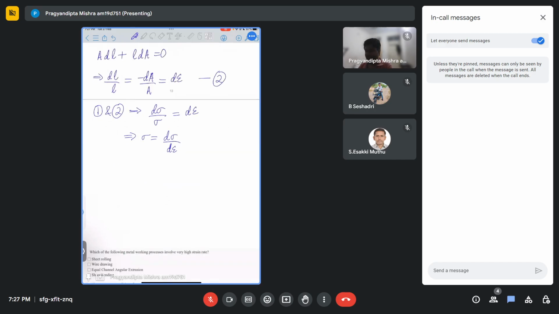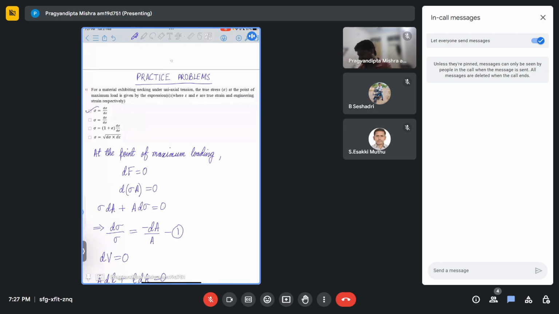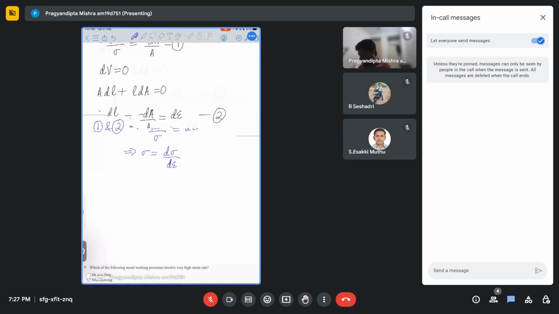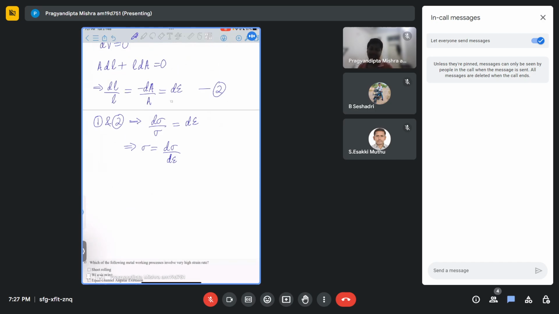Now, there's another expression they are writing in terms of true strain and engineering strain. So let's see if that expression could also be valid. I can write d sigma by d epsilon to be equal to d sigma by d e into d e by d epsilon, right?